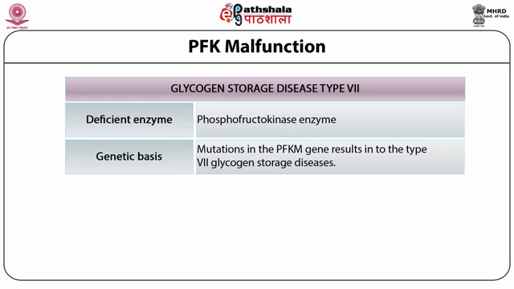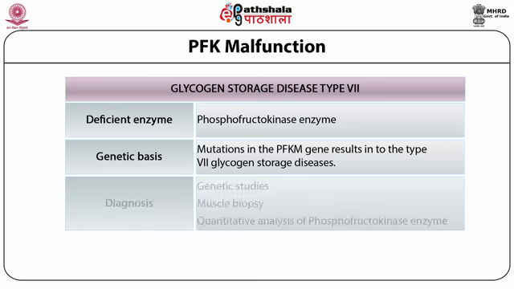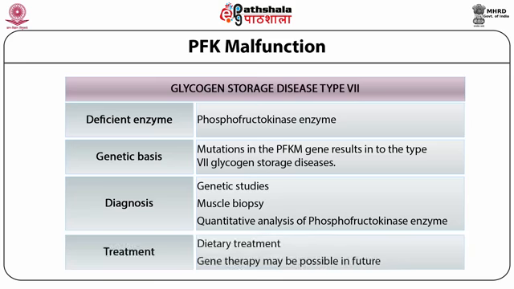It is directly related to the impairment in glycolysis. In this disease, the patient is unable to break down glycogen in muscle cells. It results in interference in the functioning of muscle cells. Its diagnosis is done by genetic studies, muscle biopsy, or a quantitative analysis of the phosphofructokinase enzyme. Its treatment includes dietary treatment.